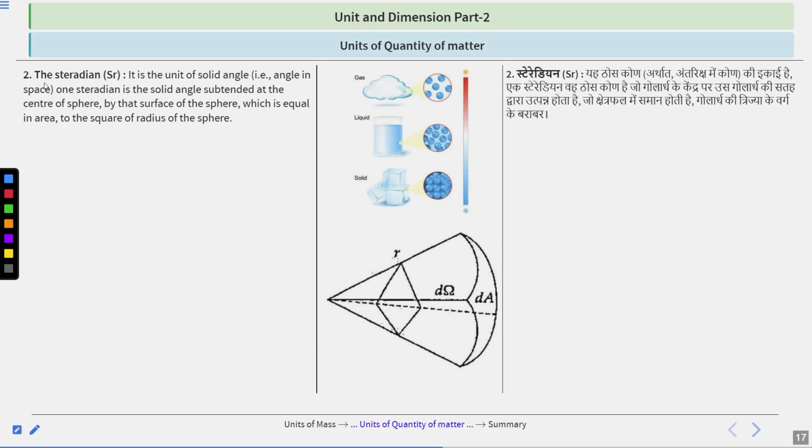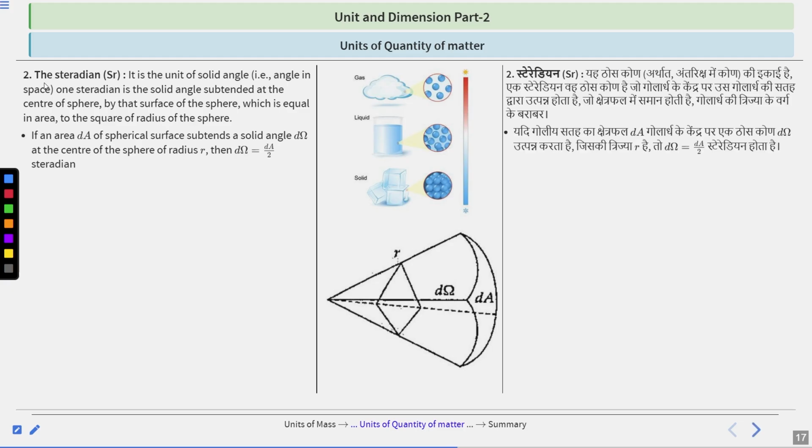The second supplementary unit is the steradian or sr. It is the unit of solid angle, that is, angle in space. 1 steradian is the solid angle subtended at the center of a sphere by that surface of the sphere which is equal in area to the square of the radius of the sphere.